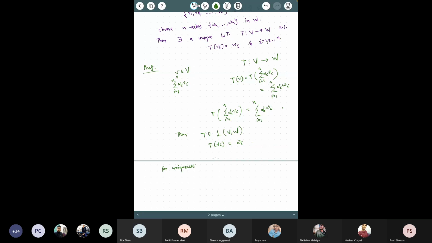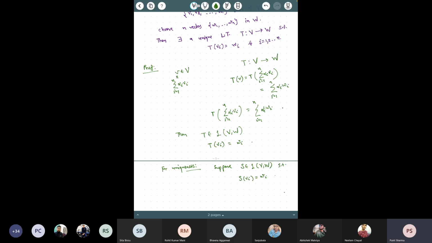So she's saying that you take another linear transformation. Suppose there is another linear transformation S from V to W that does exactly the same thing, such that S of Vi is equal to Wi.